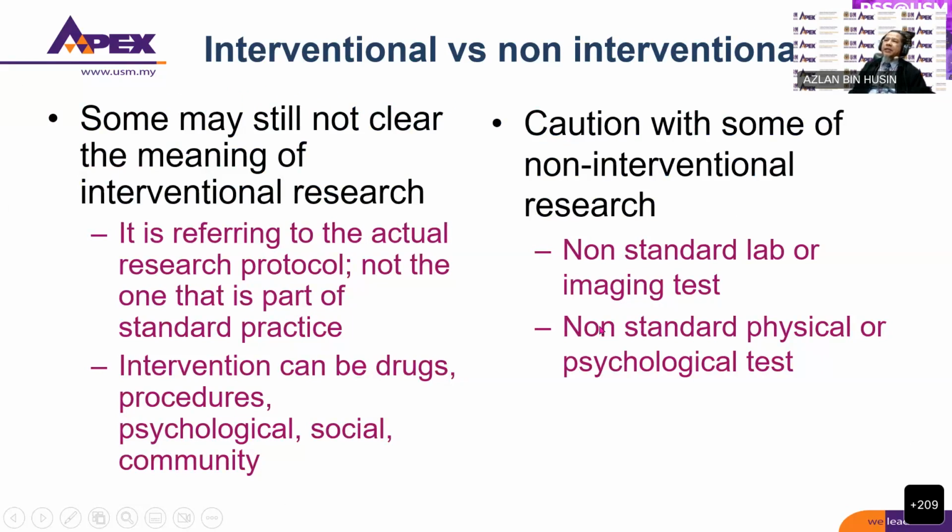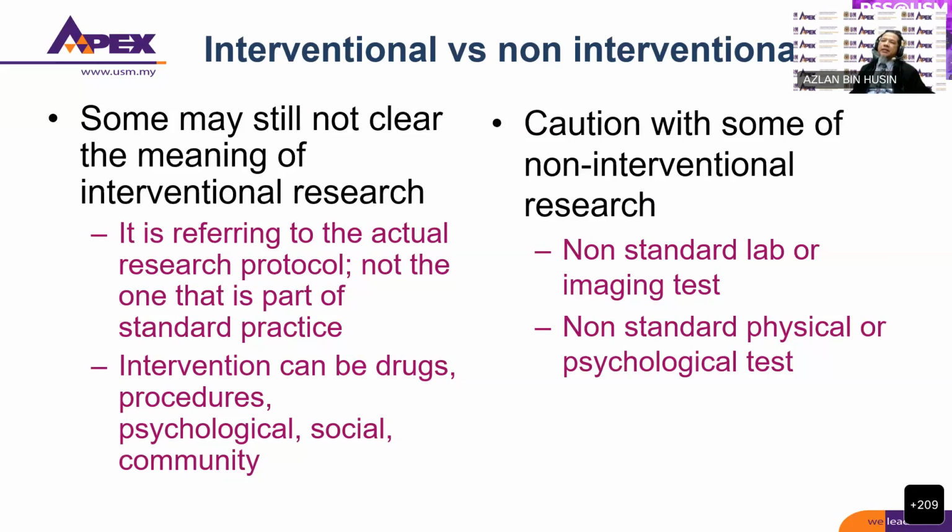So, a key important element that is always confused. Some may still not be clear what the meaning of interventional research is, as opposed to non-interventional research. In principle, if your research is doing an activity that is not part of the standard practice, then it's called interventional.